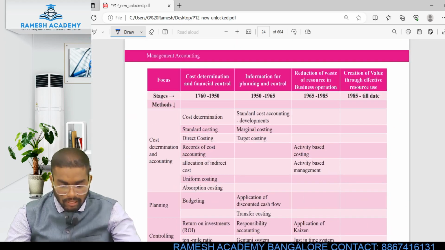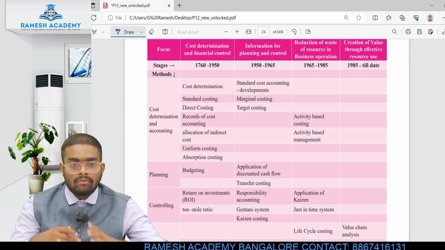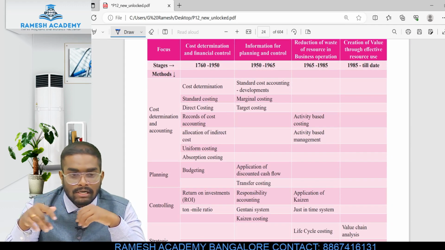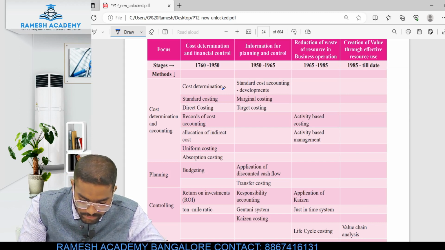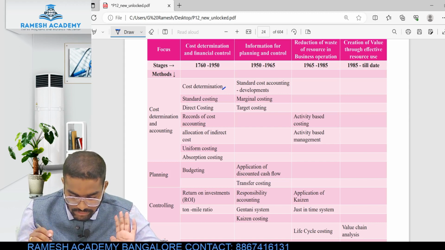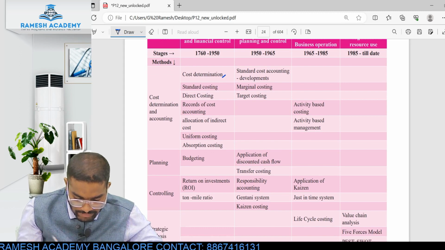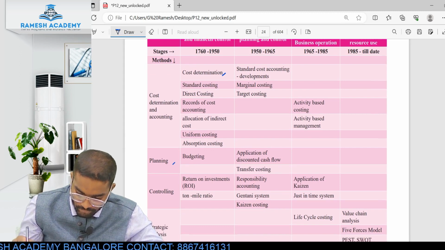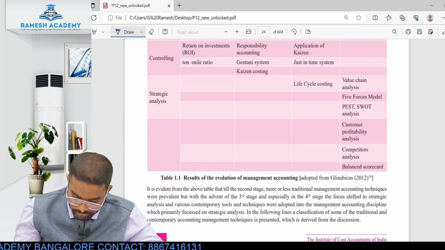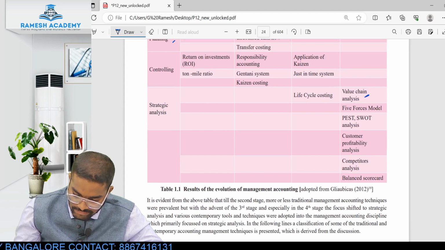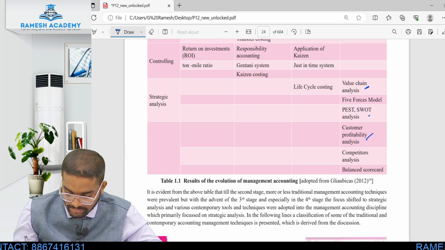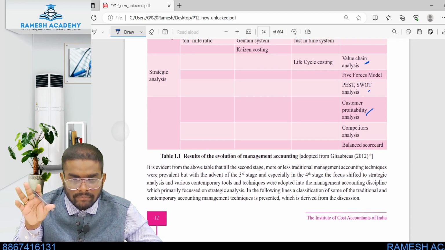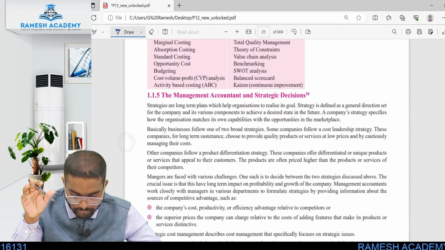This is the summary of what came in each stage. The first stage was concerned with cost determination, later planning and all those things. In the last stage we had value chain analysis, SWOT analysis, strength, weakness, opportunity, threat, and customer profitability, whether a particular customer is profitable and all those things.